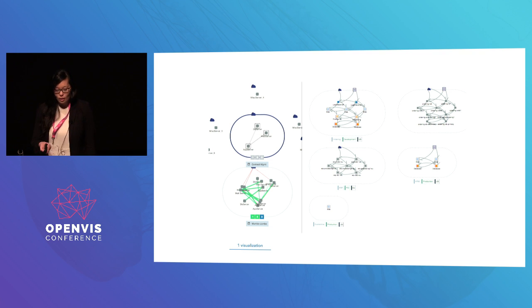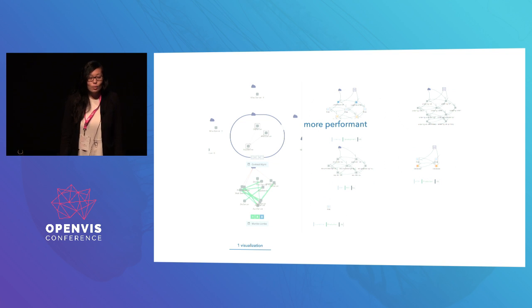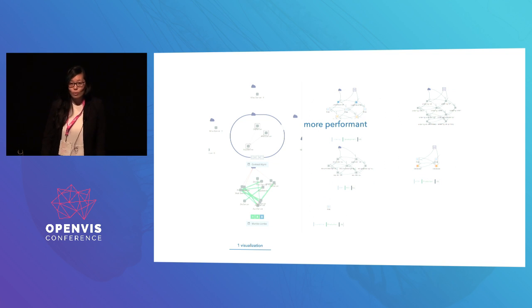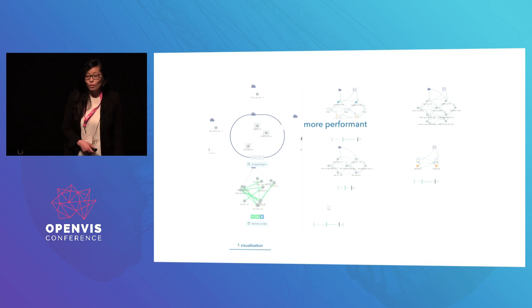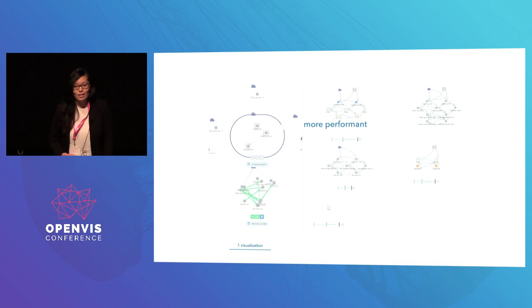And this was absolutely awesome because the refactor gave us a layout algorithm that was much, much more performant. It was O of n over one iteration, as opposed to thousands and thousands of iterations for the force layout. And it was much more orderly because we made it so.